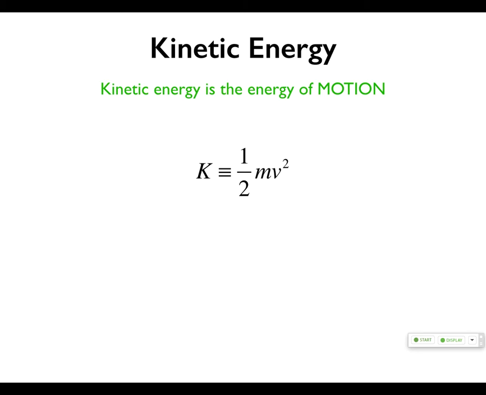Work changes the energy of motion. So this is our definition of linear kinetic energy. There's also a rotational kinetic energy. It's 1/2 I omega squared, where I is the moment of inertia and omega is the angular velocity that we talked about with rotational stuff. We'll get there, but we're starting here.